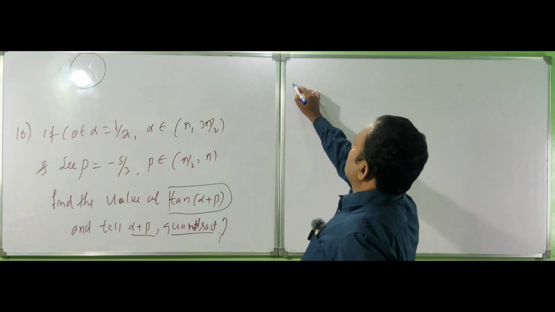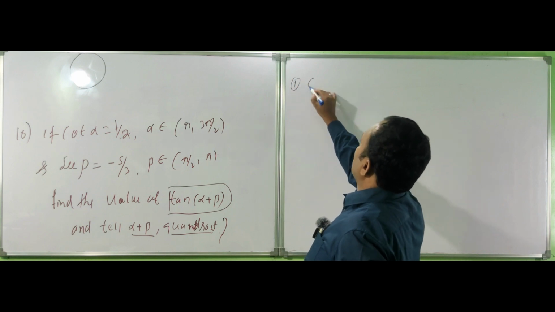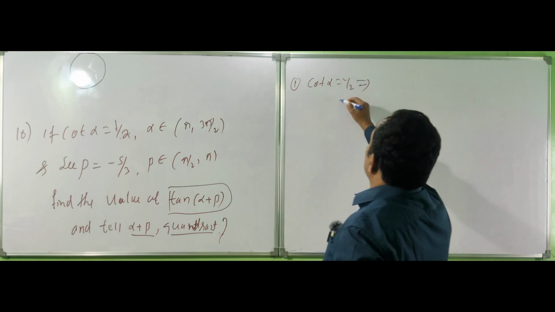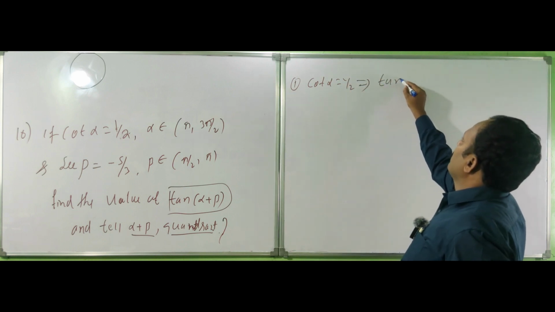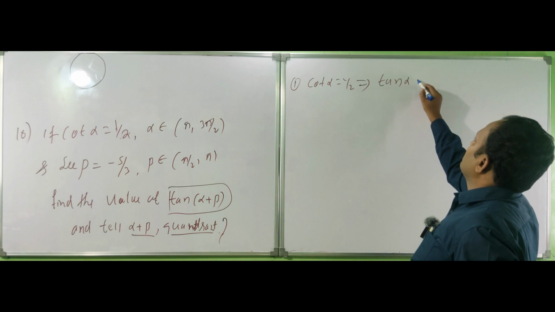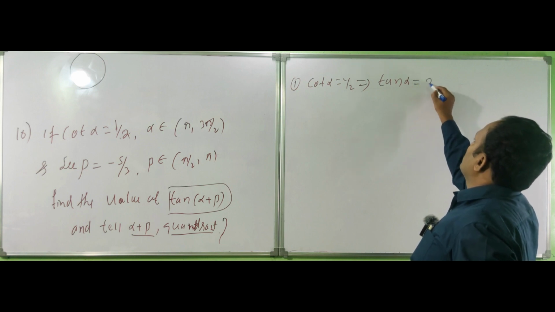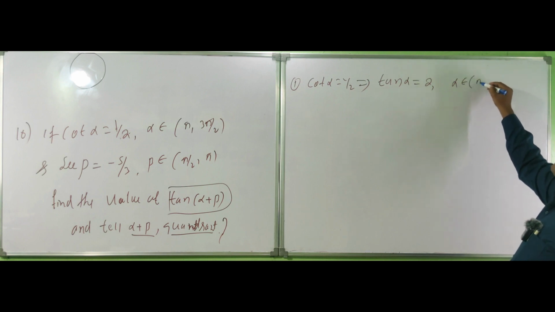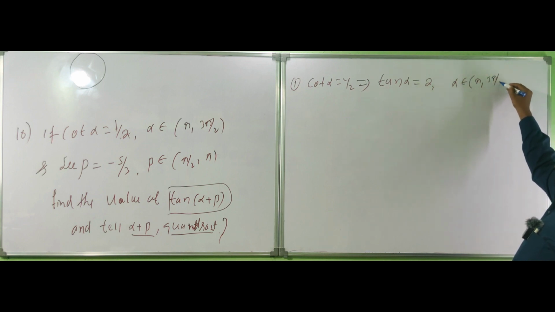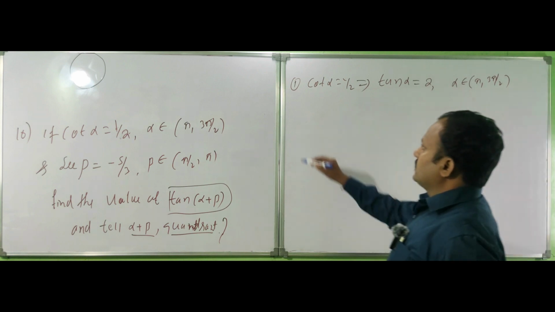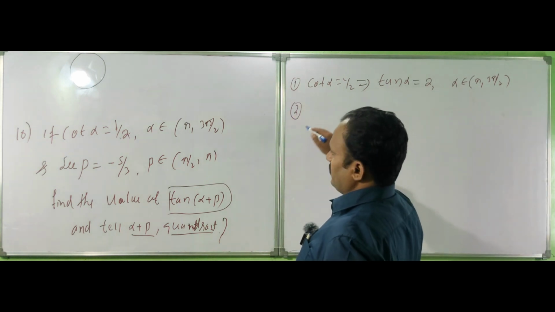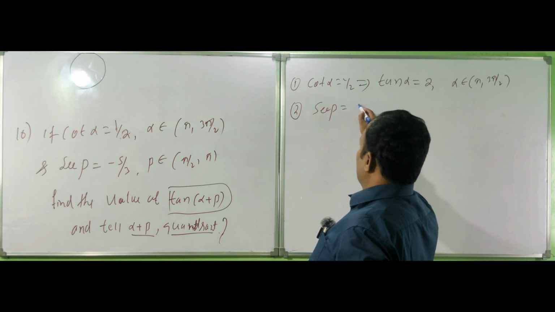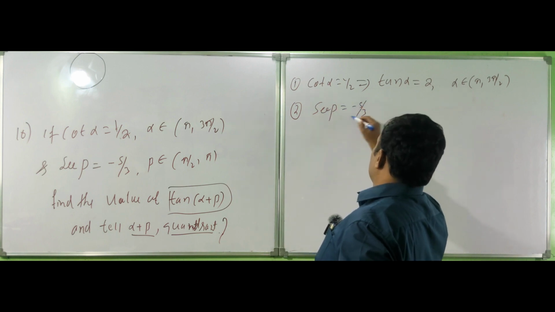First, cot alpha is equal to 1 by 2, which implies tan alpha is equal to 2, and alpha belongs to pi to 3 pi by 2. Second, sec beta is equal to minus 5 by 3.